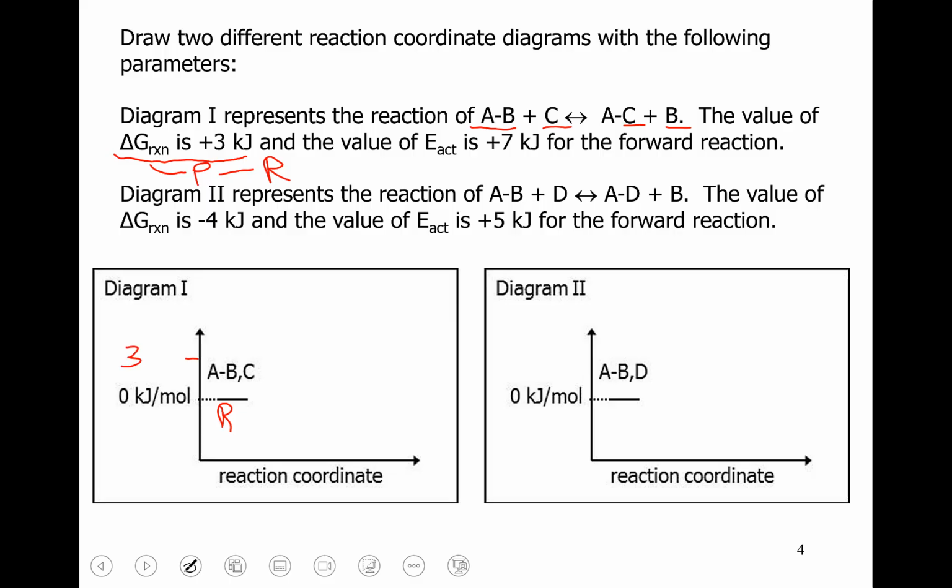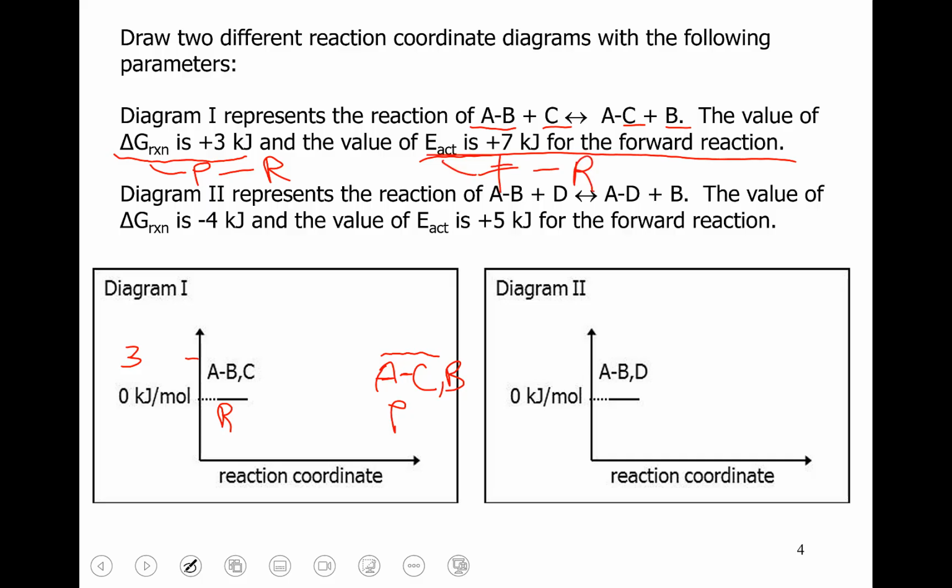So if I add a plus 3 to my energy scale, then my product energy, which is A bonded to C with B no longer bonded, is going to be 3 kilojoules higher than my reactant. I'm also told that the energy of activation for the forward reaction is plus 7 kilojoules.